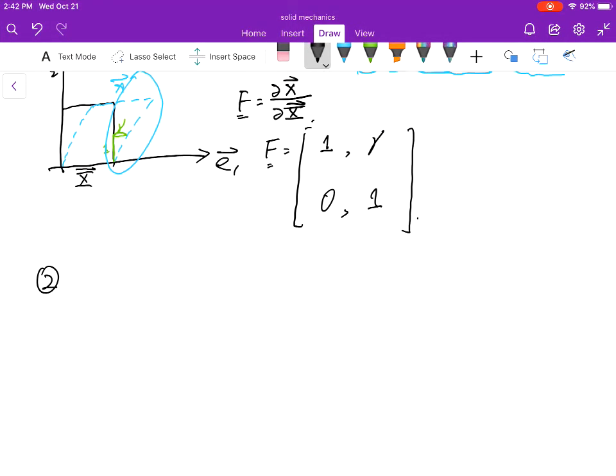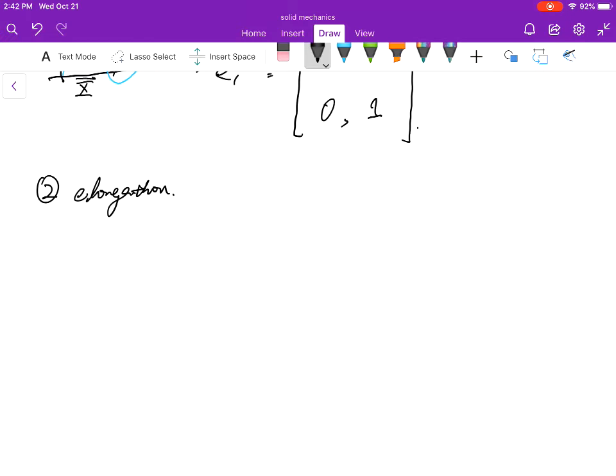Let's consider an elongation problem. It's very simple, similar to before. We have a bar like this before deformation, and then we stretch it to be longer. It becomes like this.